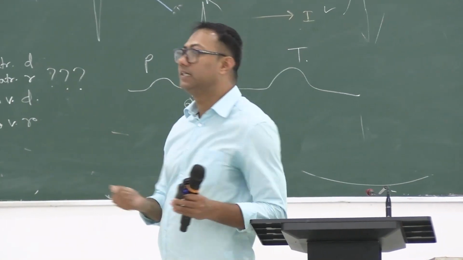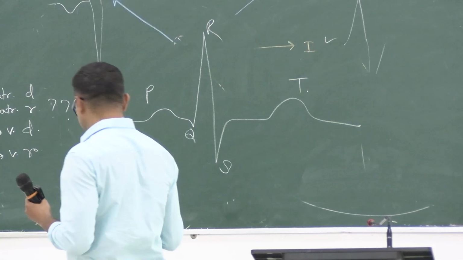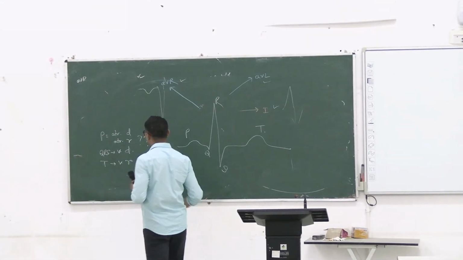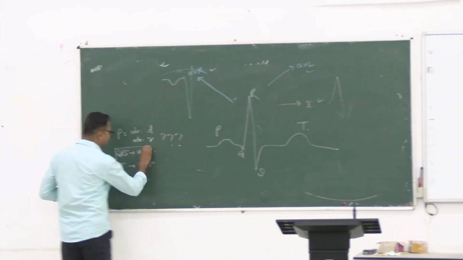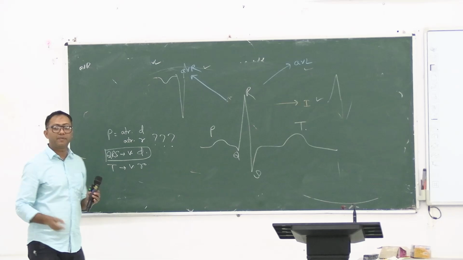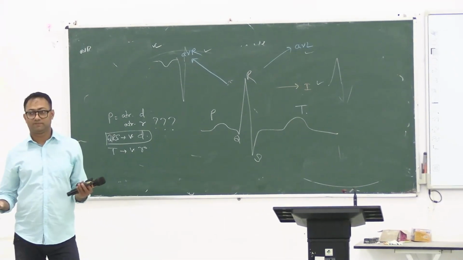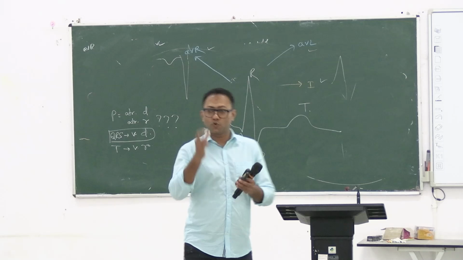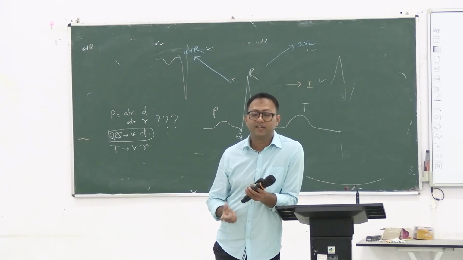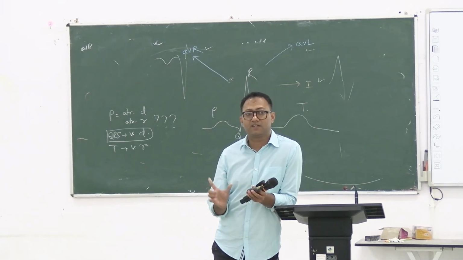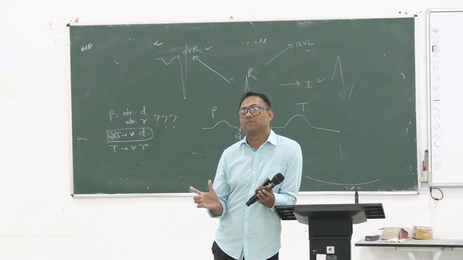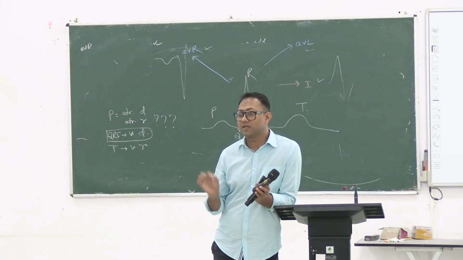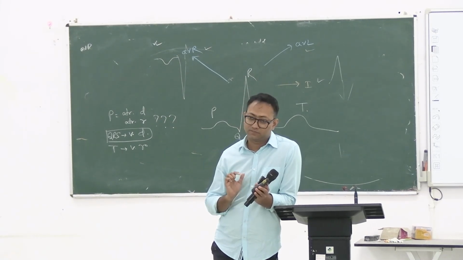Yes, atrial repolarization and ventricular depolarization are happening at the same time. And atrial repolarization is so small in voltage that it is buried under the large QRS complex due to ventricular depolarization.